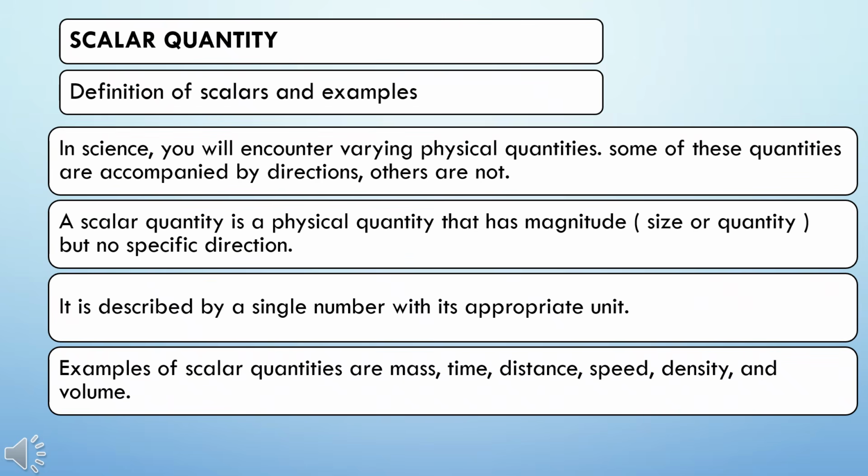So what I want you to be aware of is any quantity that can be defined by only the magnitude, any quantity that has only magnitude but no special direction. The quantity can move or can be directed to different directions. But if it is not specific, I can quantify the quantity as what? A scalar quantity.